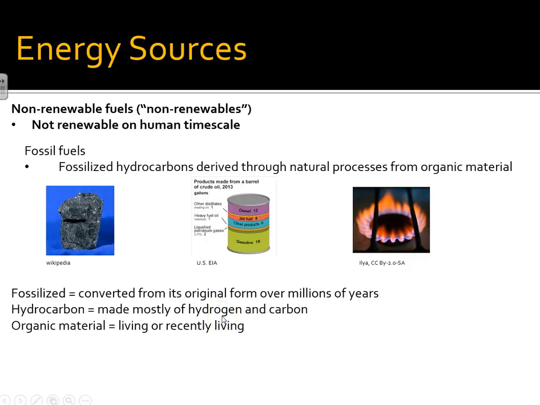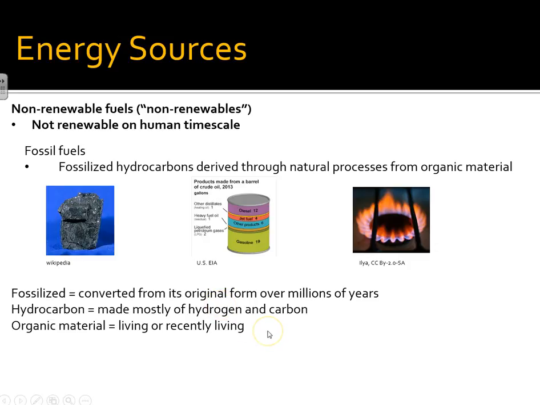If you look at the chemical components of all of these fossil fuels, they would be mostly carbon and hydrogen atoms. And the organic part means they came from living or recently living material. That may seem crazy because coal is a rock. It's obviously not alive now, but it did come from living material.